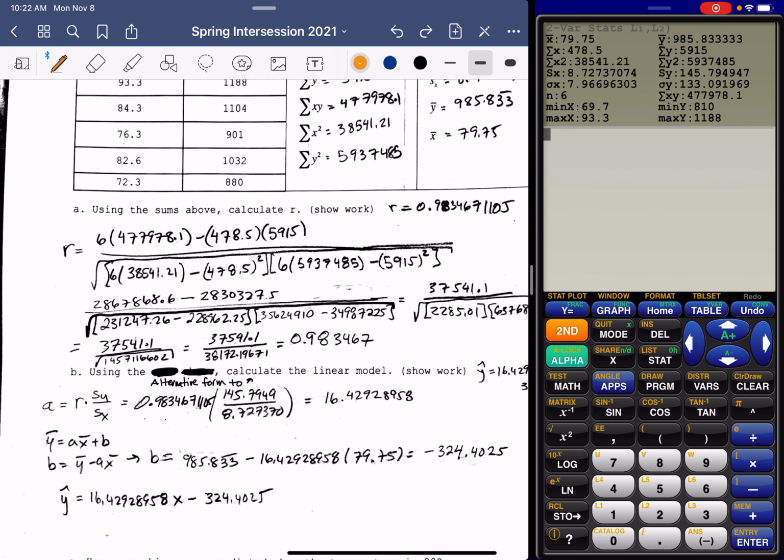You have to do R first, and then you use the A formula, and then you use S, Y, and SX with R to give you A, where A is the slope. So all these things you have to remember.